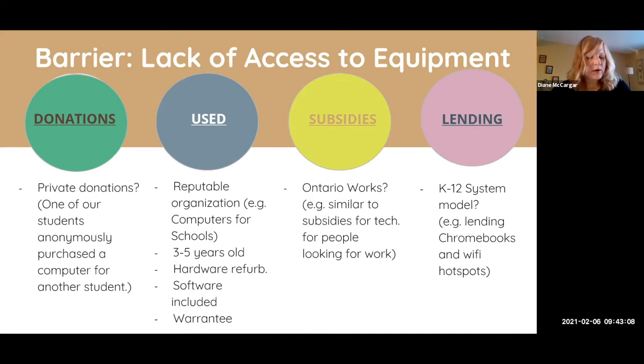We explored options of working with a company that works with the Computers for Schools program, and we put together a package with them that met certain minimum criteria. Approximately 80 of our students were able to get used laptops through that program for a minimal cost. So that was the route that we went. The other options could be considered as well.